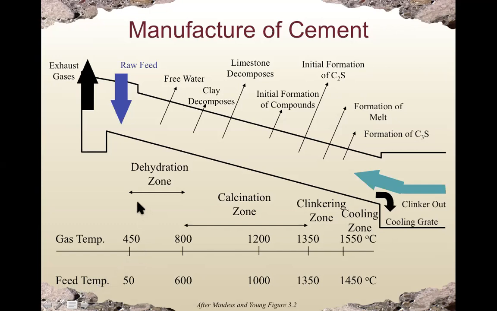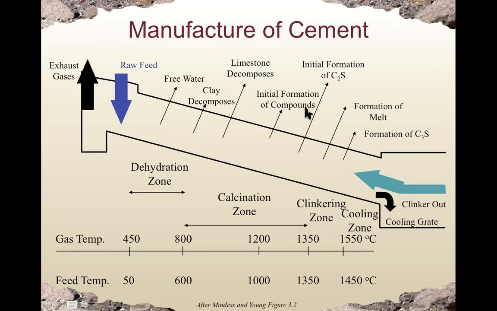We have the dehydration zone, where water will be evaporated, and some of the clay will decompose and release water and CO2. The second zone is called the calcination zone, where the raw materials will be further decomposed and release CO2 and other gases. Limestone will decompose here, and we have some initial formation of compounds.